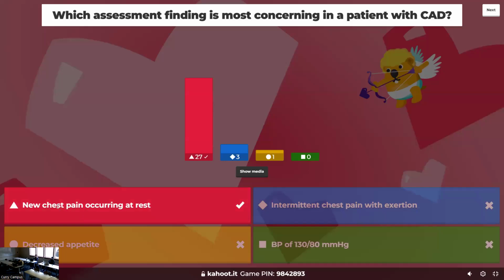Good. Almost everybody got that one. New chest pain occurring at rest. So if they have stable angina, where the pain goes away with rest, and then they start to develop pain during rest, that's a really concerning assessment finding.